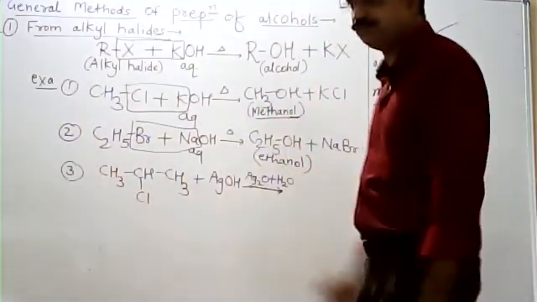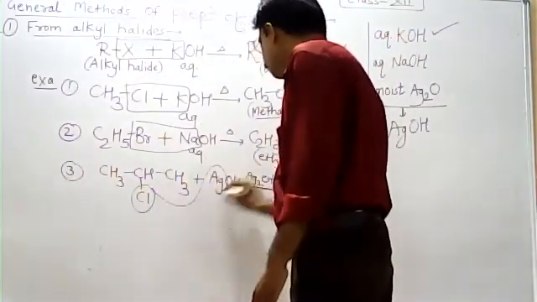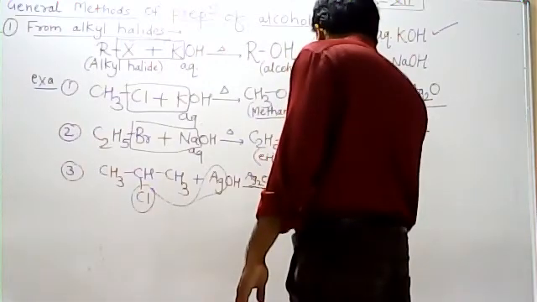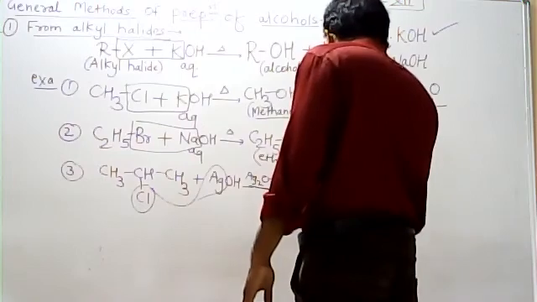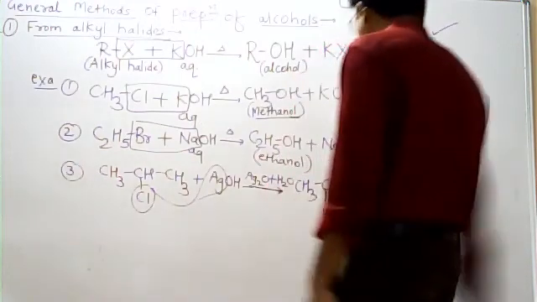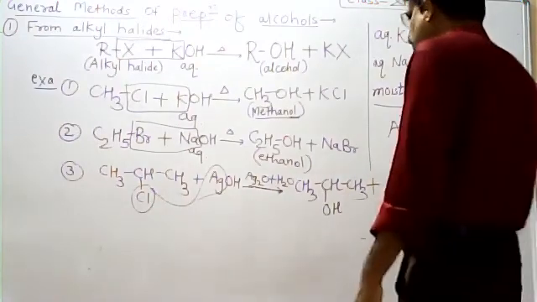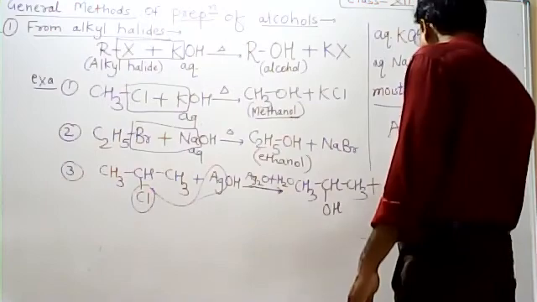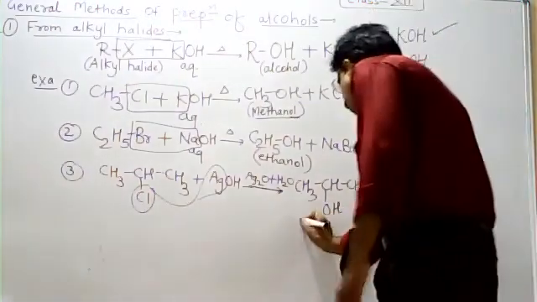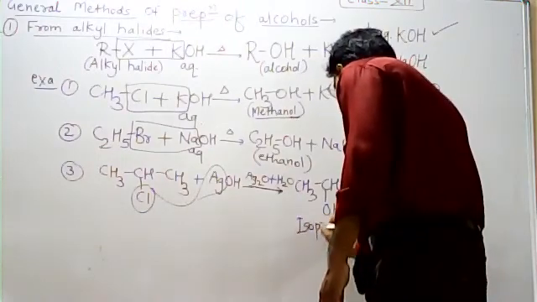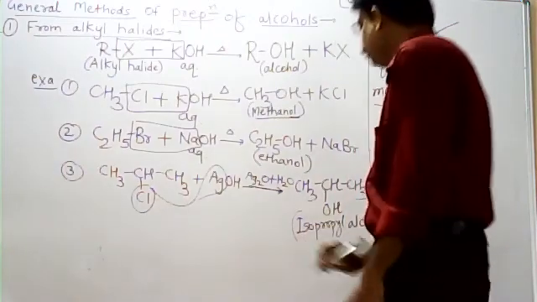Then this halogen is again replaced by hydroxyl group, the formation of CH3CHOHCH3 plus AgCl. Silver chloride is the product. So this is isopropyl alcohol.